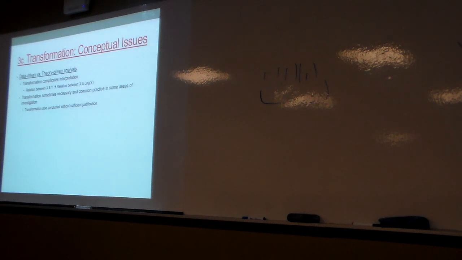Like, no, don't do that. That's going to be fine. You just complicated your interpretation a whole lot, right? So if you want to do it, you want to make sure that you have a good reason to do it, because the level of skew or non-normality you're seeing in your data is problematic, and running these analyses in the absence of doing something about it is not going to be reasonable.